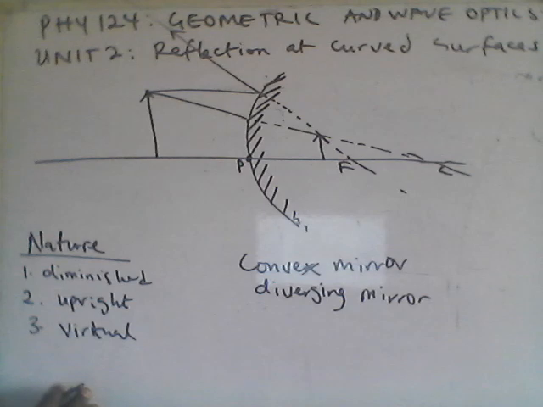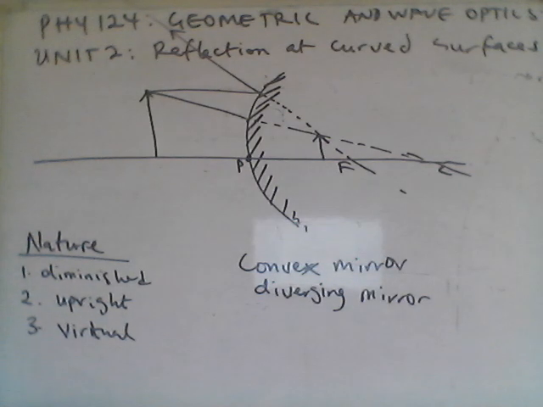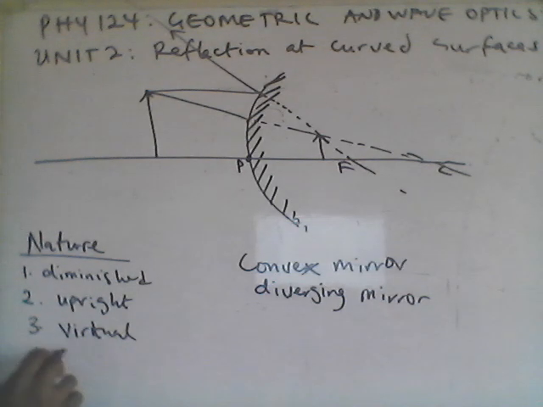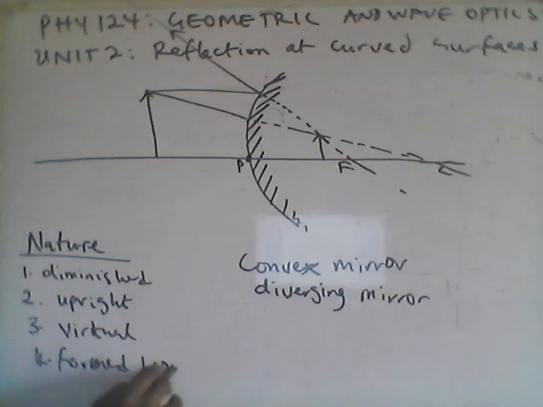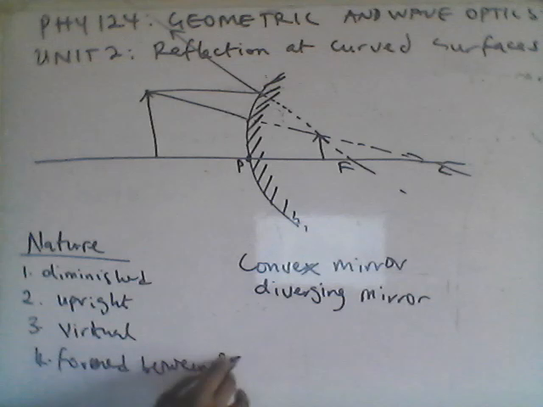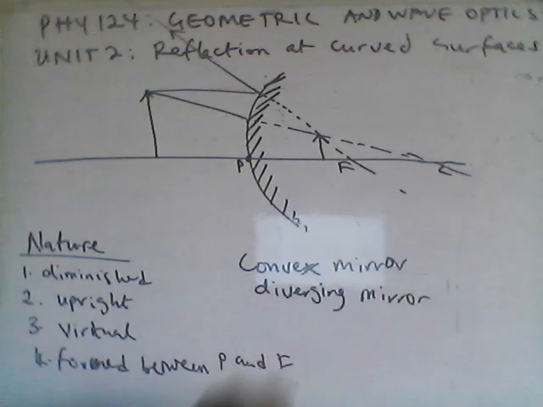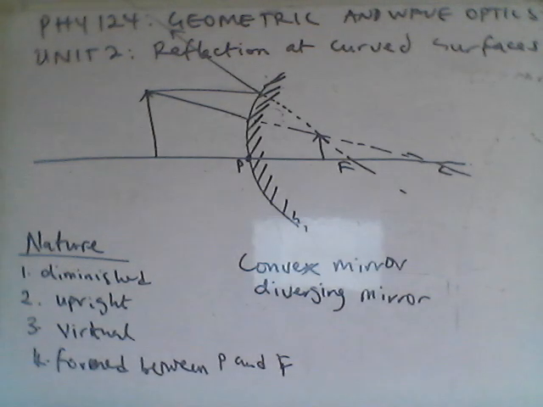Number four, it is always formed between P and F. P is the pole, F is the focus. So it is formed behind the mirror, always virtual, upright, diminished, and smaller than the object.